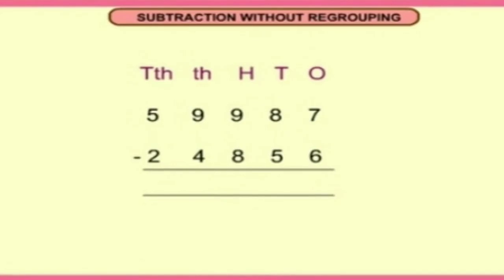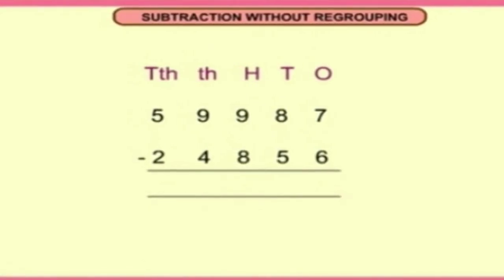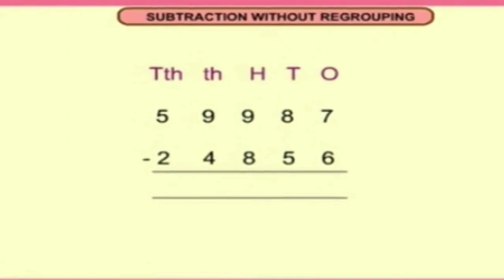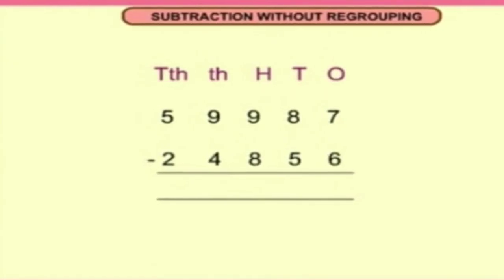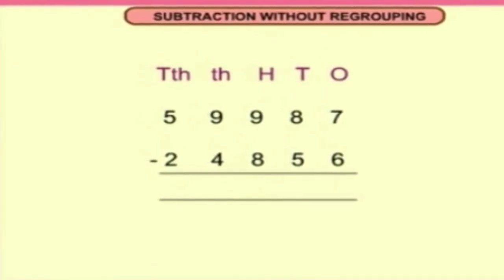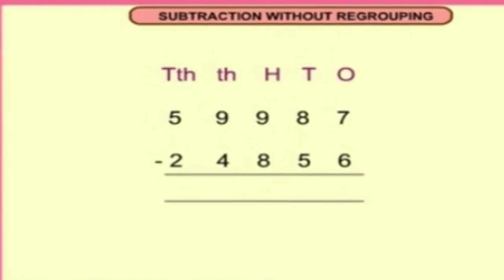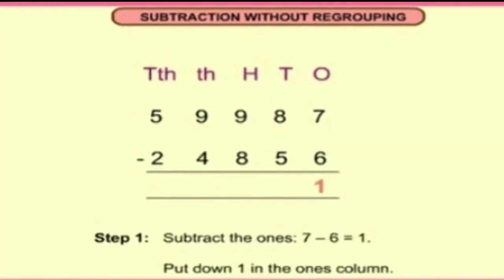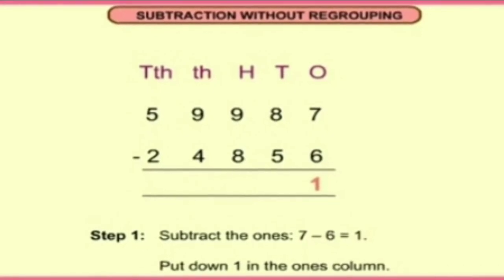Let us understand this with the help of an example. So here I have to subtract a 5-digit number. I have to subtract 24,856 from 59,987. So let's talk about it stepwise. The first step is to subtract the ones, that is 7 minus 6 is equal to 1, and put it down in the ones column.